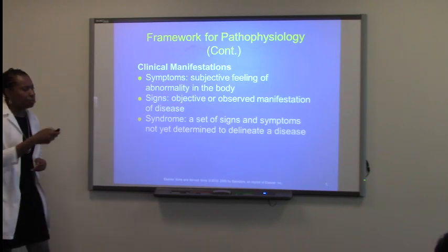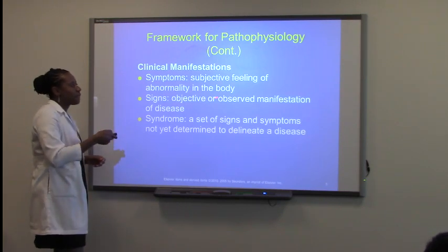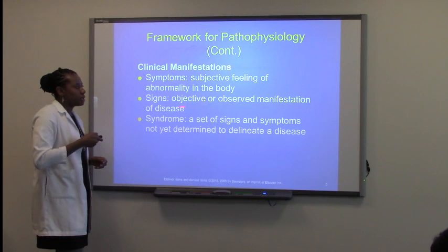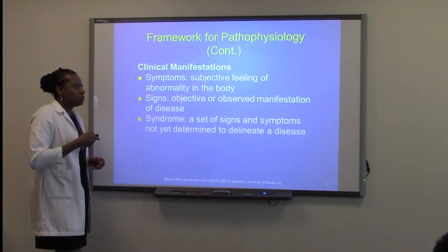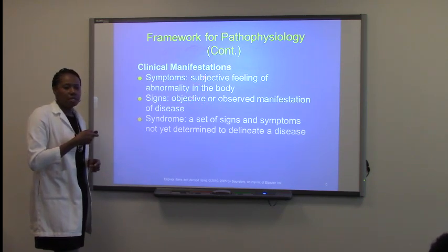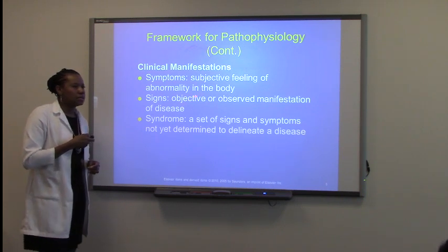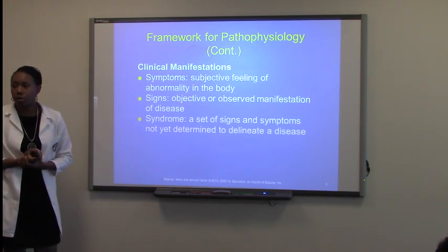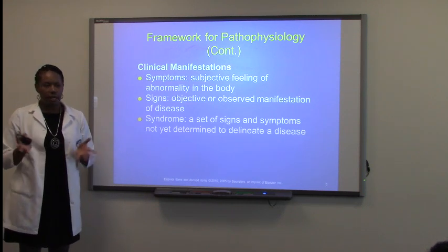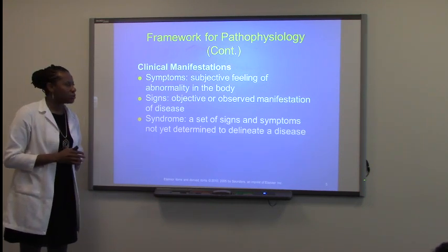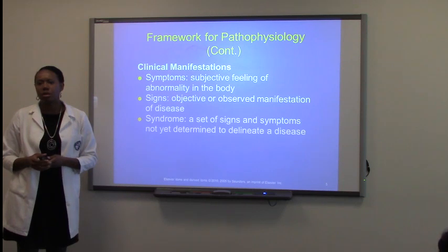The other thing I want to point out with sign and symptom, subjective and objective findings, is that you will use this a lot, especially with SOAP notes, which is pretty much the standard way of taking progress notes on a patient.